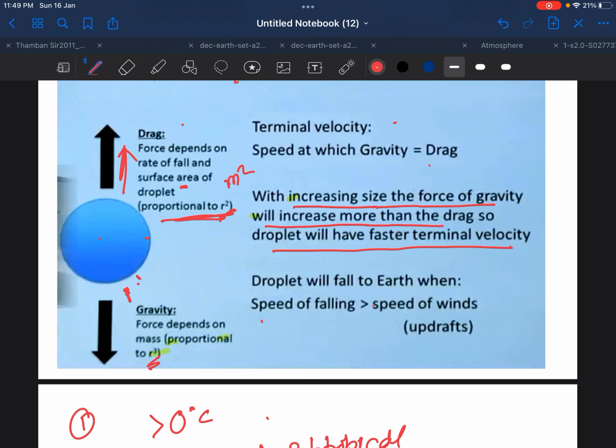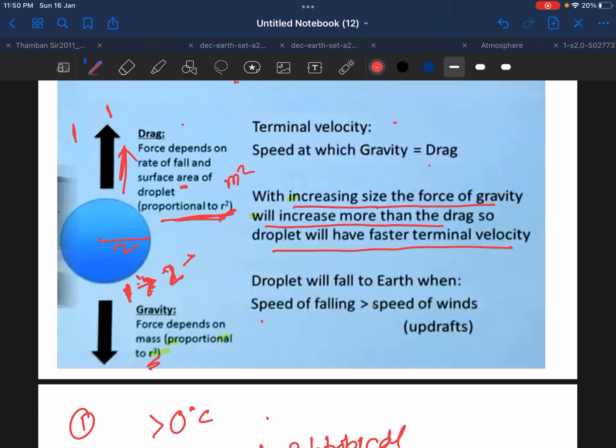Say initially the droplet radius is 1. The square of 1 is what? 1 only. And the cube of 1 is what? 1. But as it is moving down, it collides with some other water droplet, a raindrop, and its radius becomes 2.